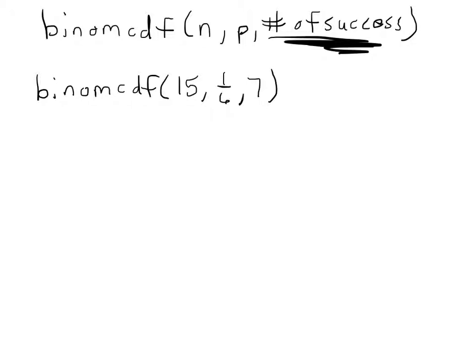But now the problem is with what I want to compute, I want to take away 0 successes and 1 success because I'm starting with x being 2. So I'm going to subtract out the binomial CDF of 15, 1/6, comma 1. So I'm subtracting out the probability of having 0 4s or 1 4.